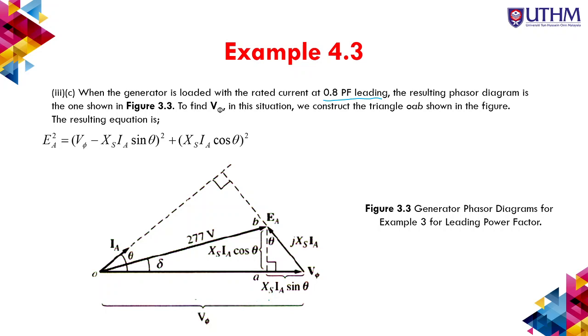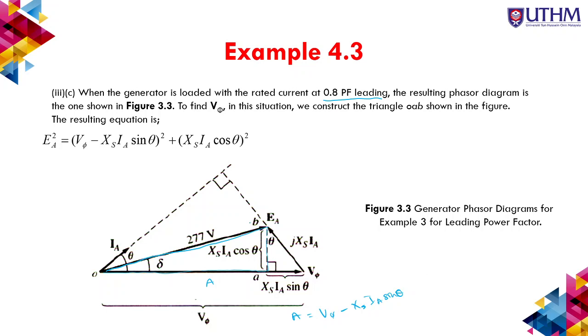So at this point we want to find these three triangle only. So in this case, for example A, A becomes V phase minus XS IA sin theta.